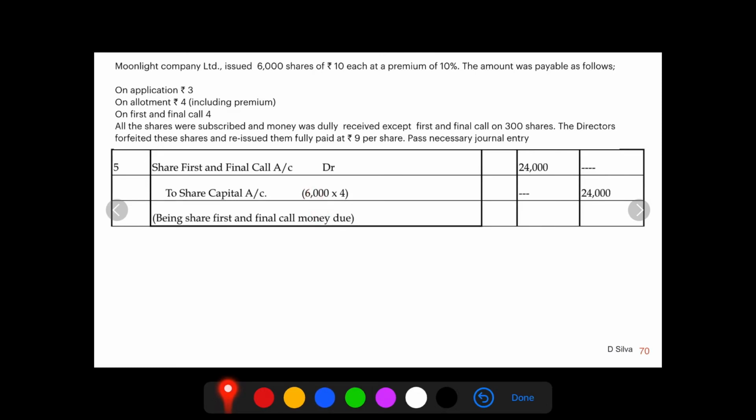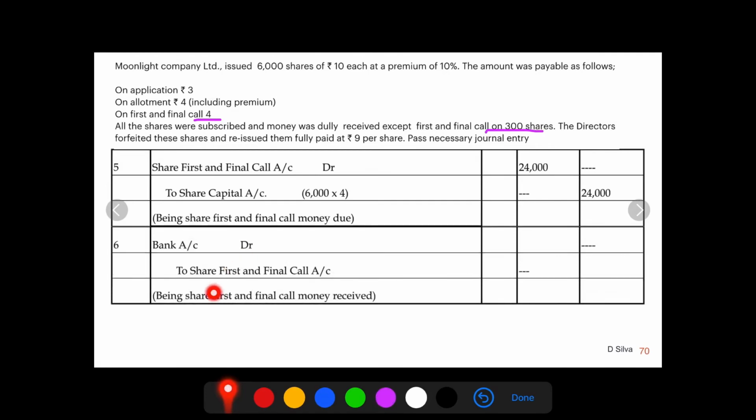So on 6,000 shares of rupees 4 each on call, 24,000 is debited and credited. Likewise, for 300 shares, we have not received the money. Hence, the journal entry will be bank account debit to share first and final call account. Out of 6,000 shares, 300 shares we need to reduce. That means we will get 5,700 shares of rupees 4 each on first and final call. Rupees 22,800 is being debited and credited.